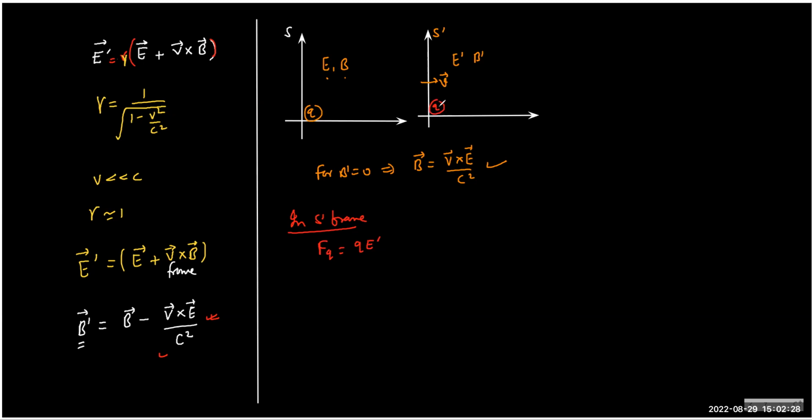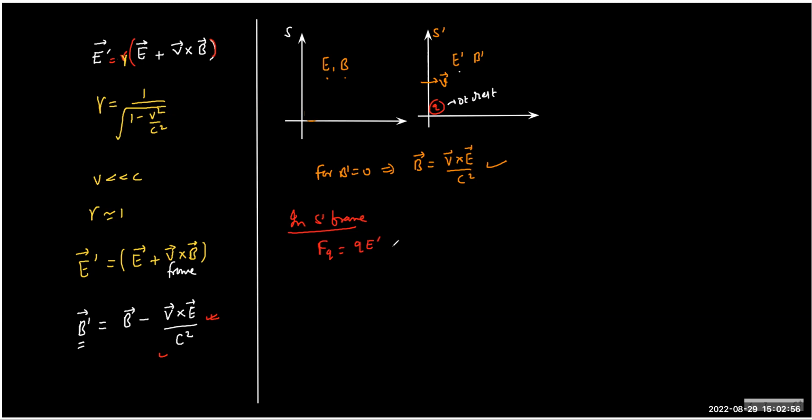So the charge is kept in which frame? The charge is kept in the S dash frame. Yes, sir. So for the S dash observer, the charge is at rest. For S, the charge is in motion, isn't it? Yes. But luckily, since the charge is at rest and the electric field is present, the force on the charge will be Q into E dash.